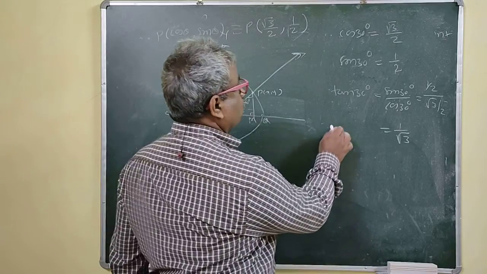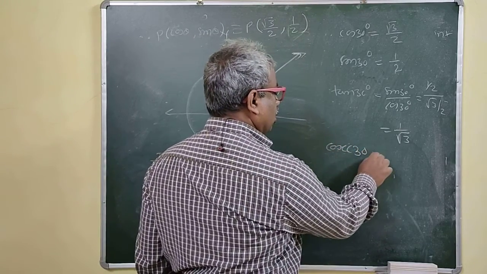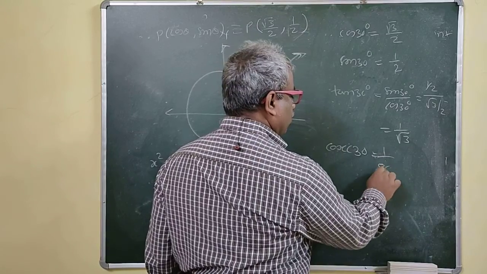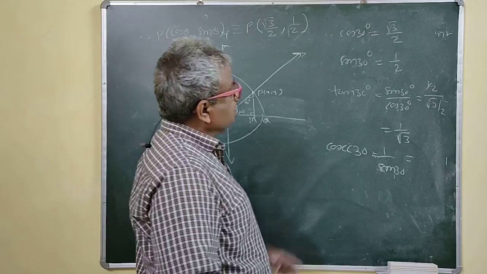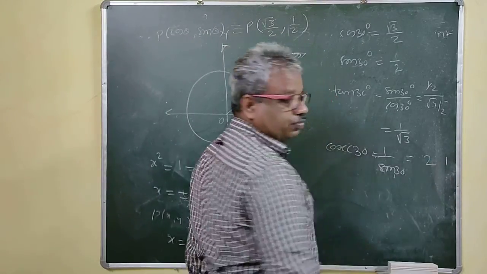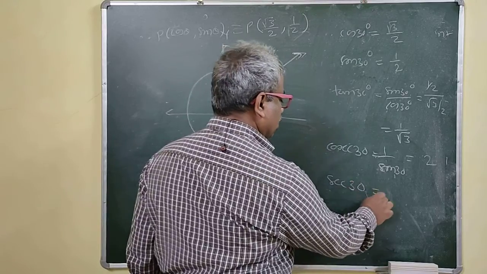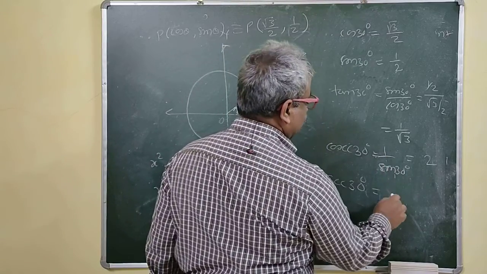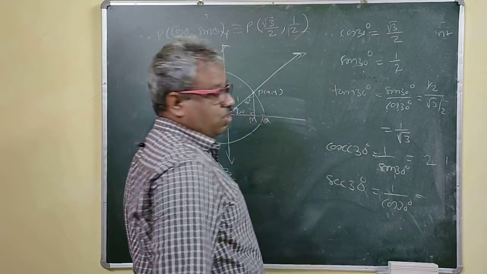Right? Now cos, sin, cos, tan. Then cosec 30 is what? 1 upon sin of 30. Right? Sin of 30, 1 upon, just take the reciprocal. This will be 2. Right? Then sec 30 degrees. So this is what? 1 upon cos 30 degrees.